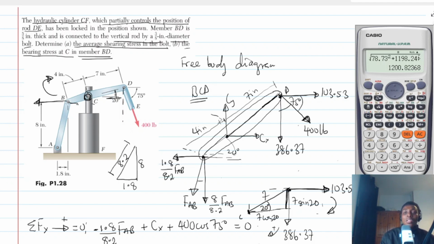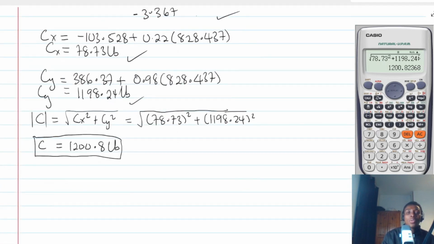The average shearing stress is what we are looking for. Shearing stress, tau, is given by the load, or the shear force, divided by the area. In this case, the load becomes the C, because that is the force acting at C where the bolt is.